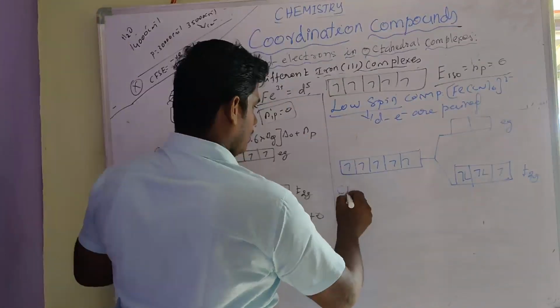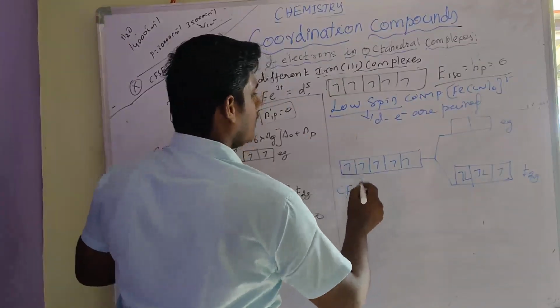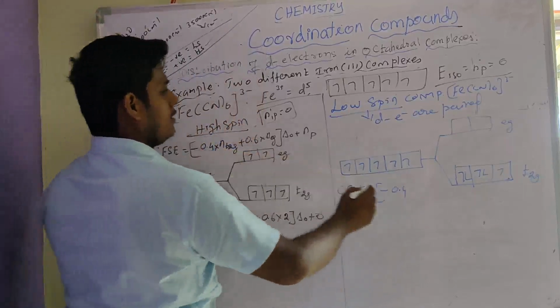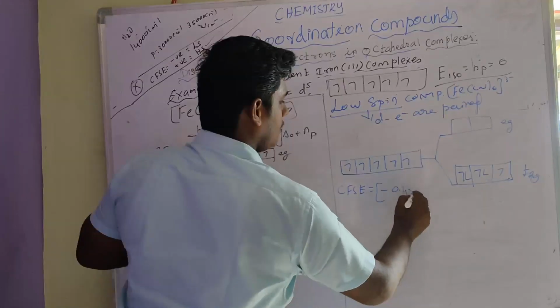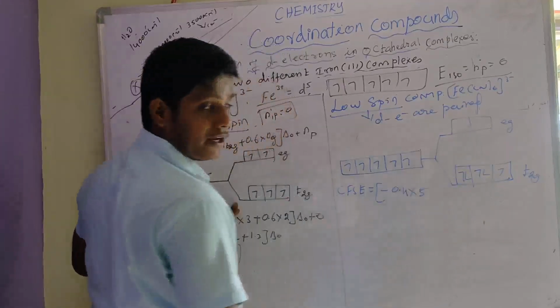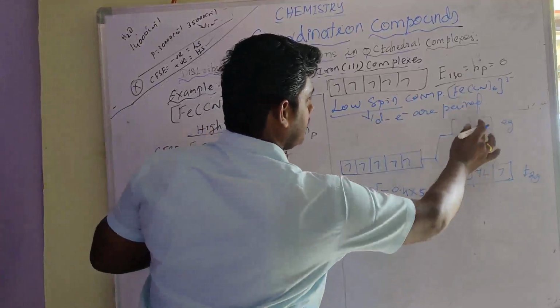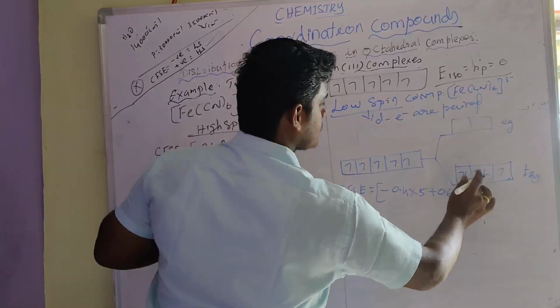So the crystal field stabilization energy equals minus 0.4 times the number of d electrons in t2g, which is 5, plus 0.6 times the eg electrons, which is 0, plus the pairing energy.